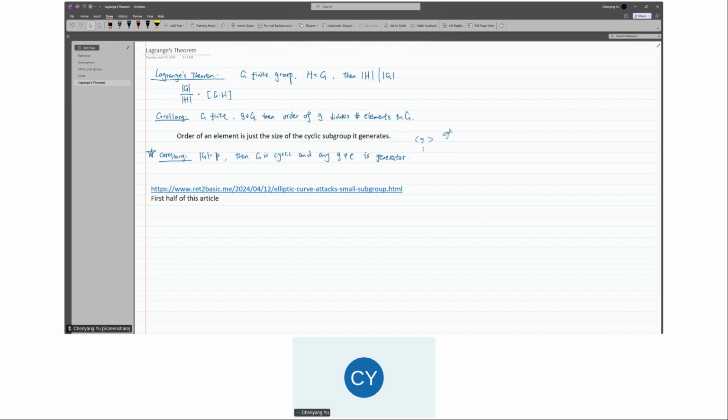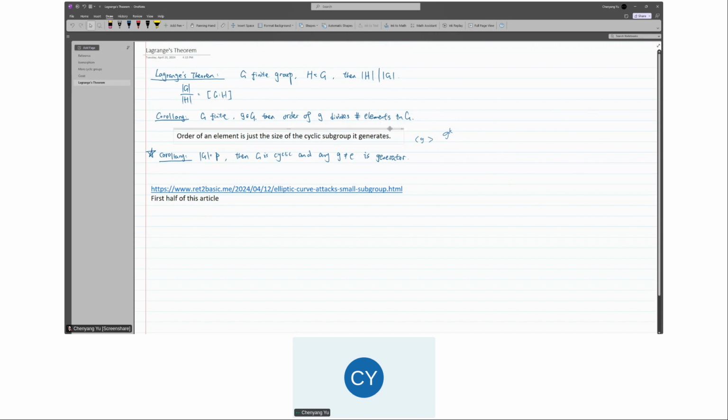For example, if g cubed equals e, then the elements are e, g, and g squared, so I only have 3 elements in the subgroup.